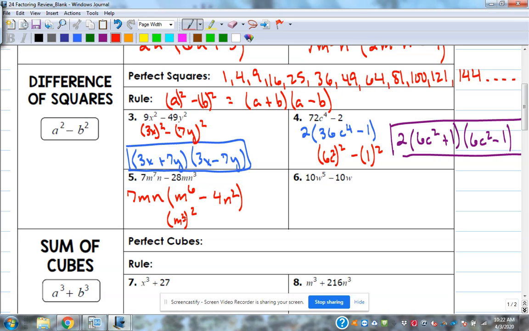That's m to the 3rd squared minus 2n squared. And so the factored form for number 5 is going to be 7mn times m cubed plus 2n times m cubed minus 2n.